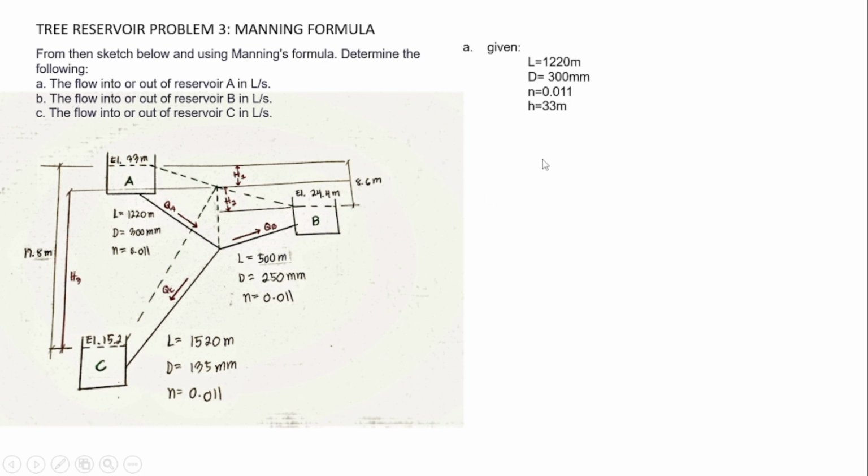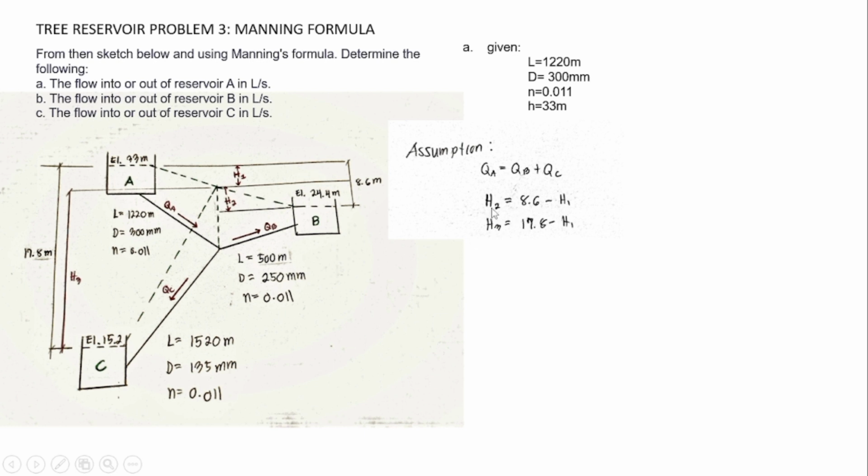First, we're going to list down the given, since we're going to find the discharge in reservoir A in liters per second. Our assumption here is, since the direction of flow is going to reservoir B, therefore QA inflow is equal to outflow, which is equal to QB plus QC.